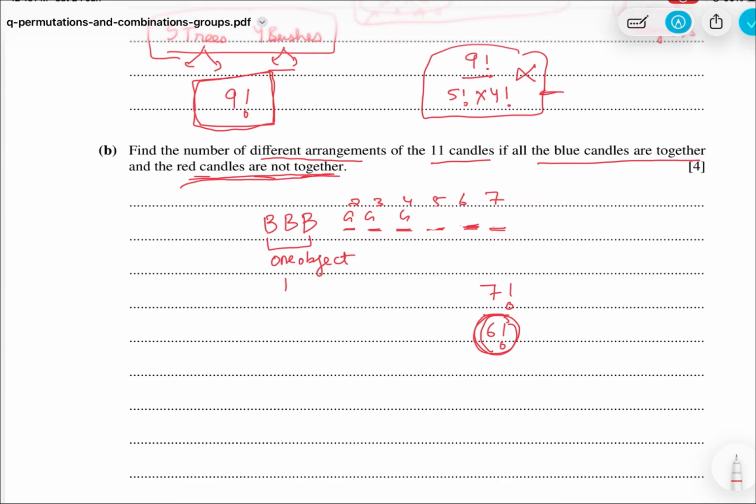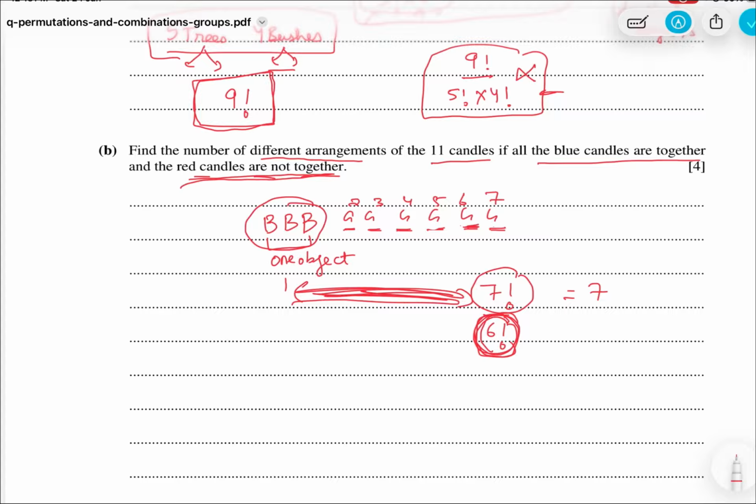G, G, G, G, G, G. They are identical, so we have to divide by 6 factorial. If you want to keep something together, treat them as one object. Now if I shuffle, how many arrangements can I make? 7 factorial divided by 6 factorial gives us 7. Are we done? No, we are not done.